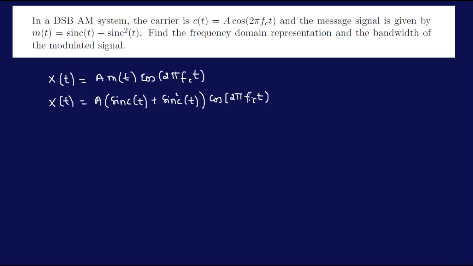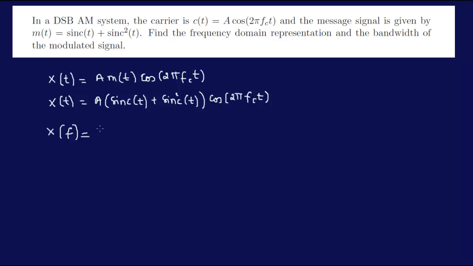Okay, so from here we can use a Fourier table to find our Fourier transform of x of t. So x of f, now here we have sinc of t times cosine 2 pi fct. We can use the table. That's a multiplication by cosine, so it's a modulation.